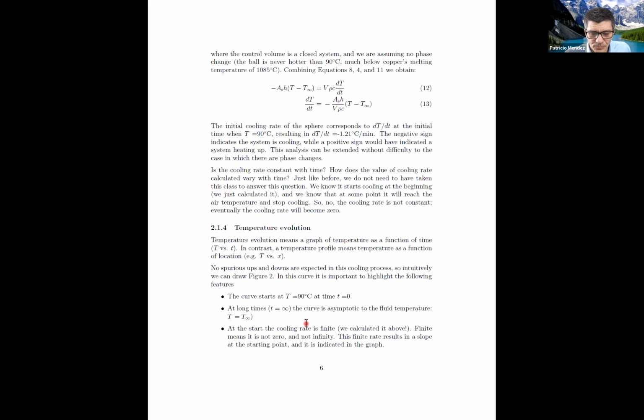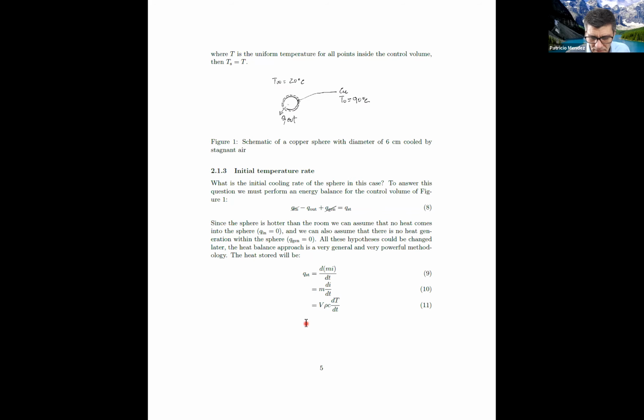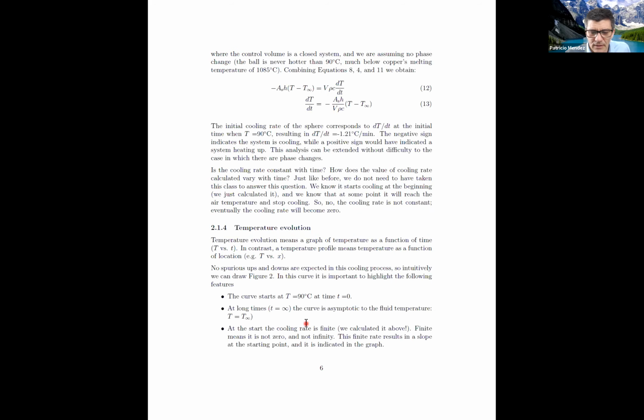And so if now I include the heat transfer, which is what we had done in the previous step, area times heat transfer coefficient times the difference in temperature, we end up with this. We can end up with equation 12, and we can solve to end up with equation 13.